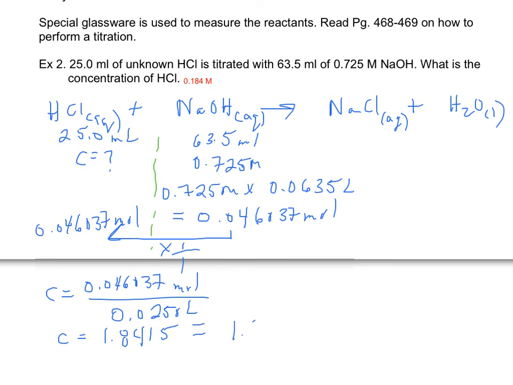So I'm going to round my concentration to 1.84 mole per liter of HCl.